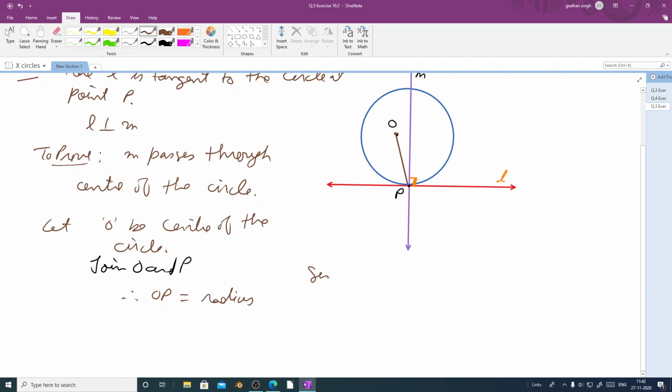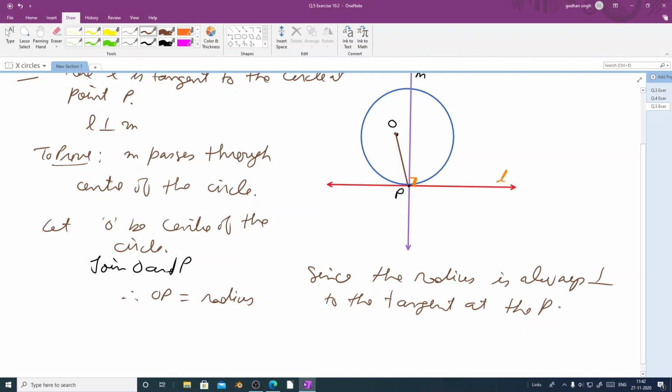Since the radius is always perpendicular to the tangent at the point of contact, we can say that OP is perpendicular to L. Let this be 1.